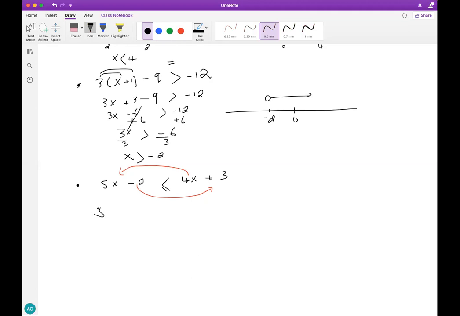So this will be 5x. Positive 4x, invisible positive, turns into a negative 4x, because we moved it to the other side. The comparison sign is here. Then the -2 will be moved over. So the negative turns into positive 2.